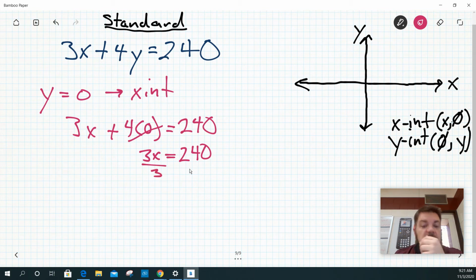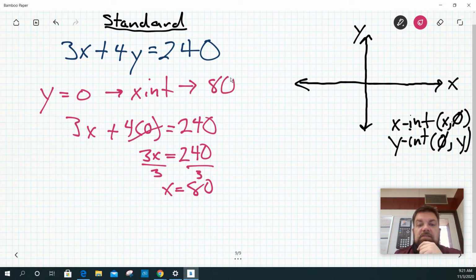And then if I divide both sides by 3, I get x equals 80. So that means that my x-intercept occurs at (80, 0). Now, I'm not going to count out 80 things. I'm just going to assume that each one of these little marks is like 20. So I'm going to say 1, 2, 3, 4. And I'm going to pretend that that is (80, 0).